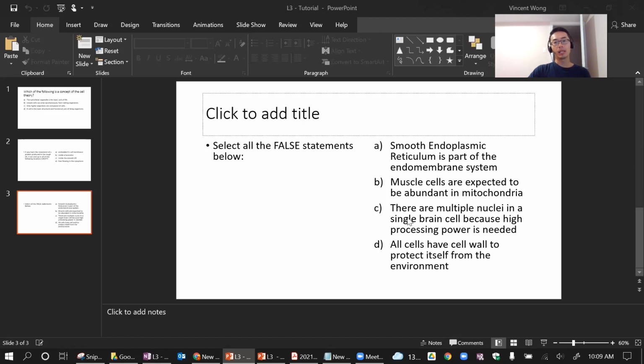There are multiple nuclei in single brain cells because high processing power is needed. That sounds reasonable, but actually brain cells only have one nucleus, okay? All cells have cell wall to protect itself from the environment. No, animal cells don't. So C and D are the false statements.